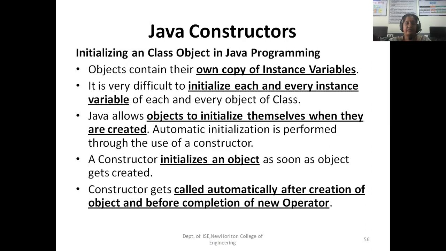The destruction of objects is taken care of by the JVM. That process is called garbage collection. Definitely this question will be asked in your interviews: What is garbage collection? Why are we not using destructors in Java? Because the JVM will take care of destroying objects, that is garbage collection, that is, freeing the memory.